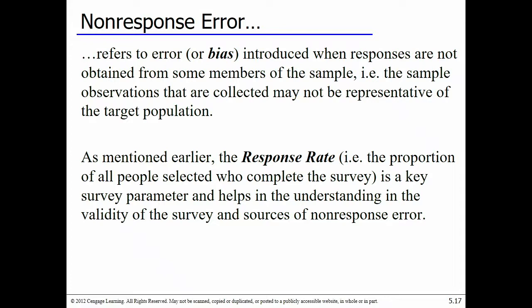These are examples of non-response error, which are introduced when responses are not obtained from some members of the sample. Cluster samples: if I go to St. Louis Hall and do a sample, it's all males in St. Louis Hall, and I'm missing all the women. So it's underrepresented. That's called non-response error, when members of the population can't be part of that sample.